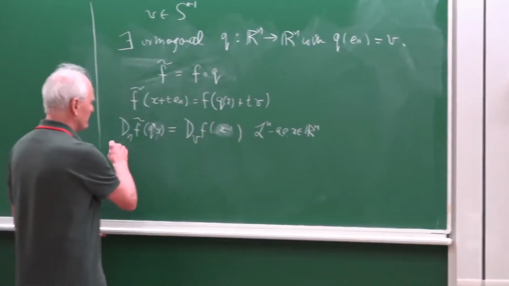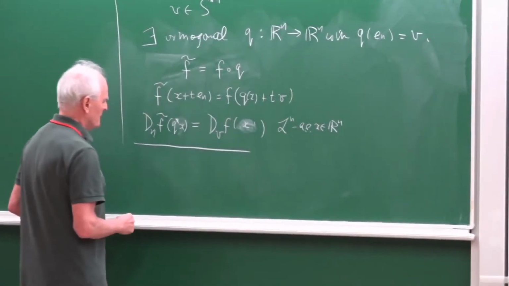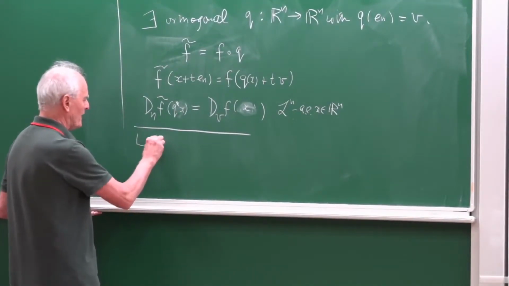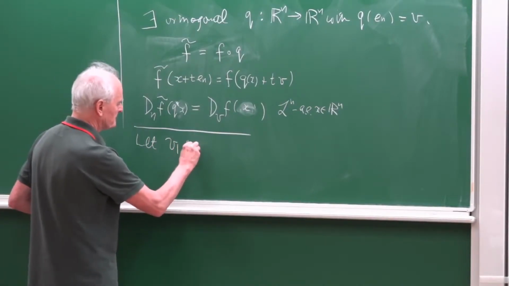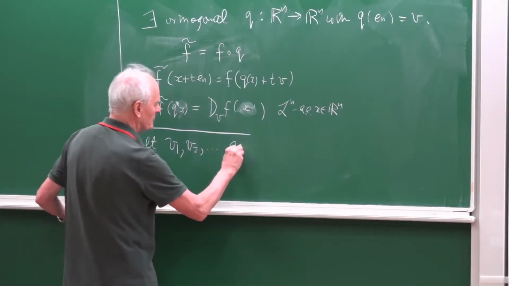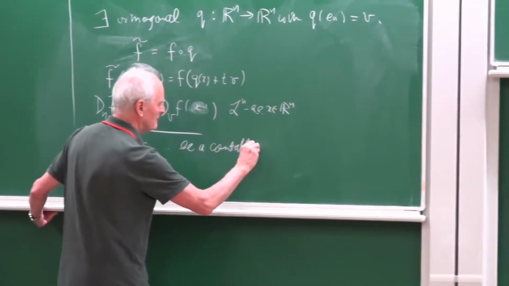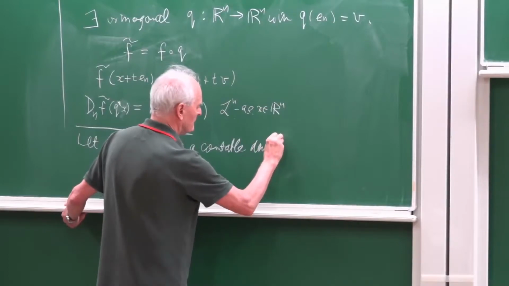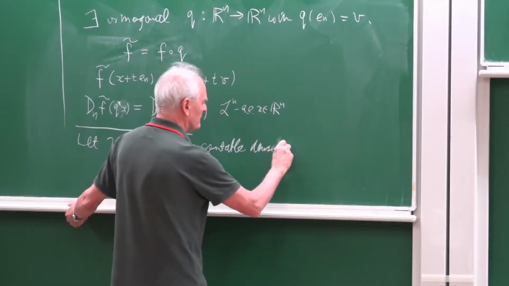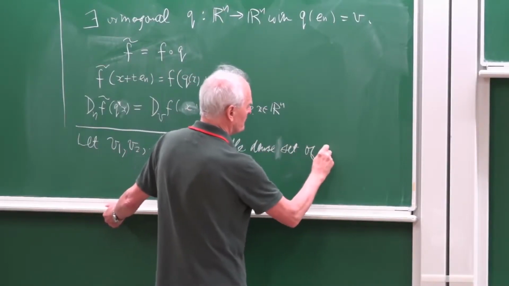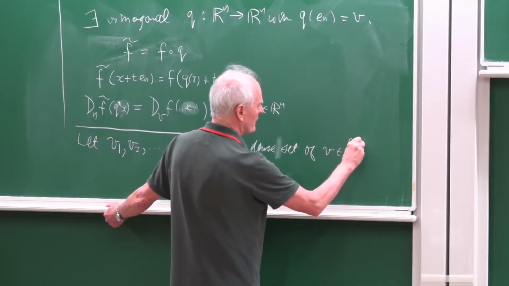countable dense set of these v's. So let v1, v2, etc. be a countable dense set of vectors in S^(n-1).